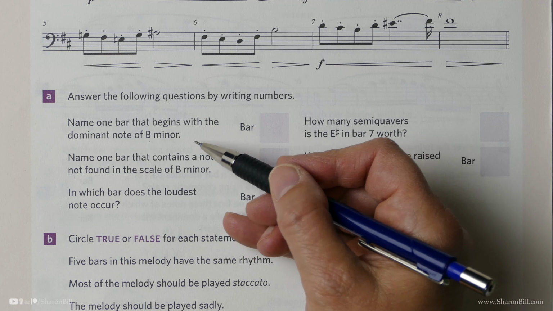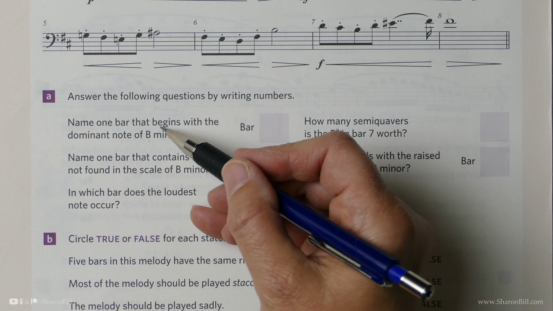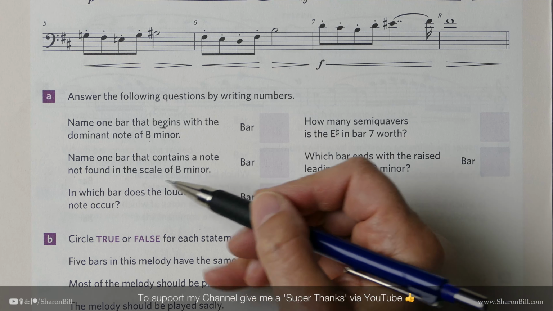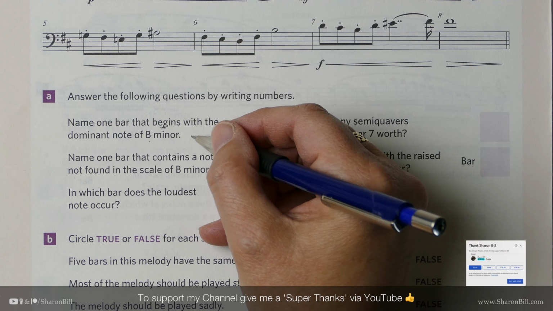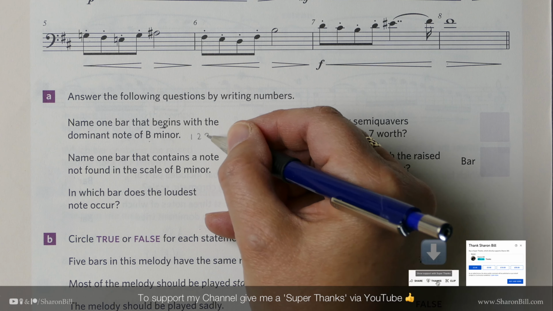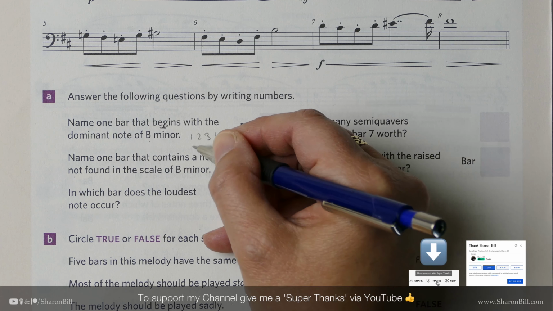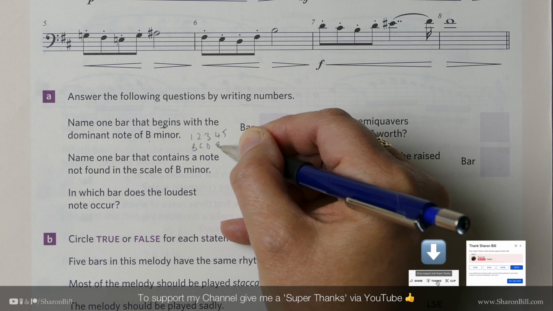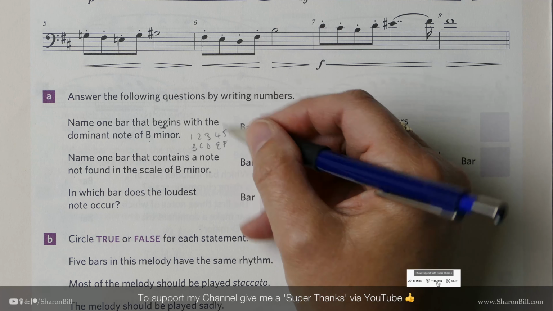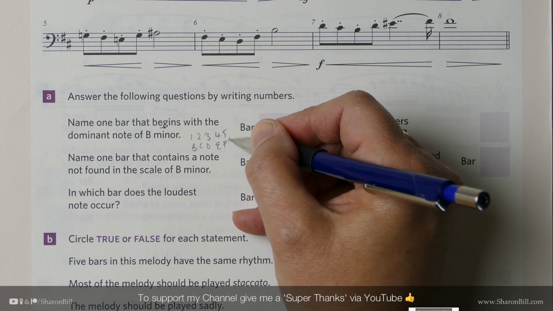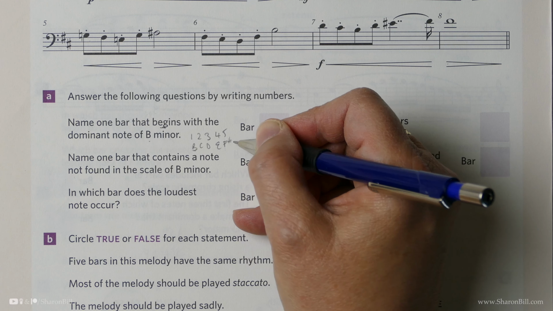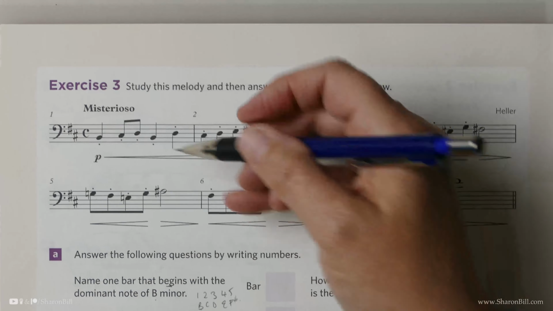First of all, we need to name a bar where the first note is the dominant note of B minor. The dominant is the 5th: 1, 2, 3, 4, 5, B, C, D, E, F. That's the tonic B, and here's the dominant F. Of course, it's F sharp, but your key signature will deal with that. So the bar has to begin with an F sharp.